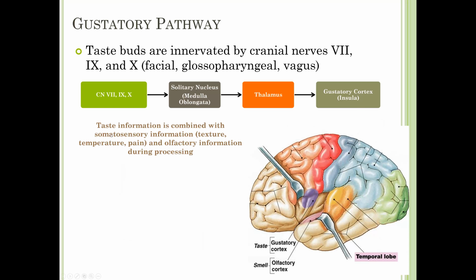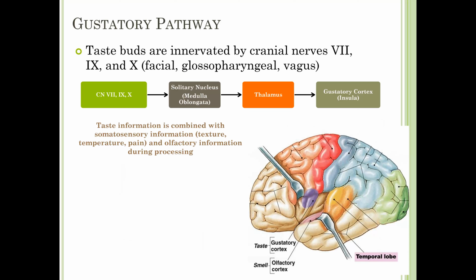If we go back to the somatosensory information, if you've ever eaten those jelly beans that taste like something else, you can tell that the taste is there, but the texture feels wrong. You're like, well, this tastes like popcorn, but it doesn't feel like popcorn. It feels wrong to you.